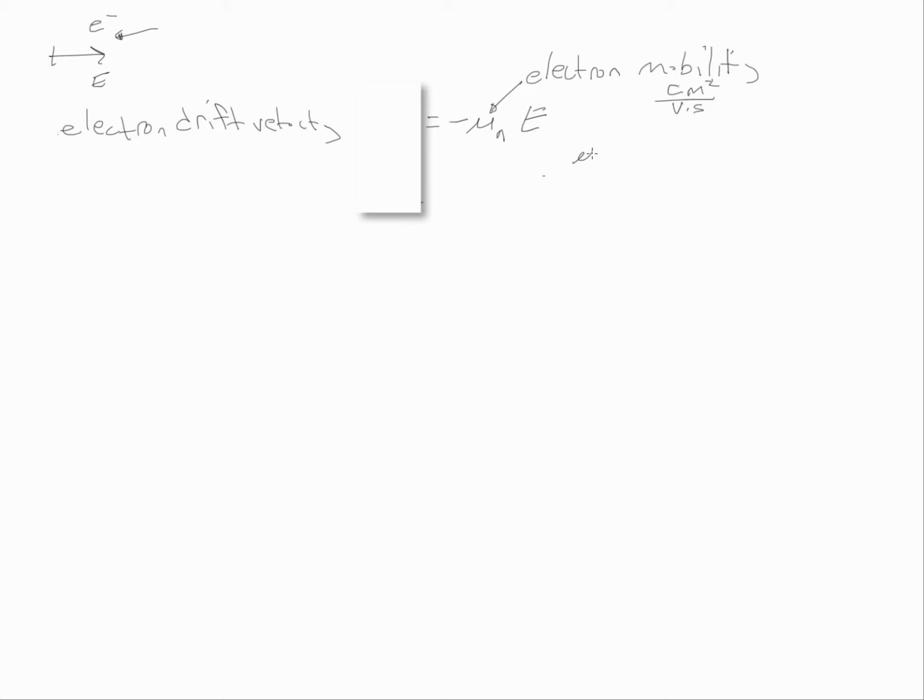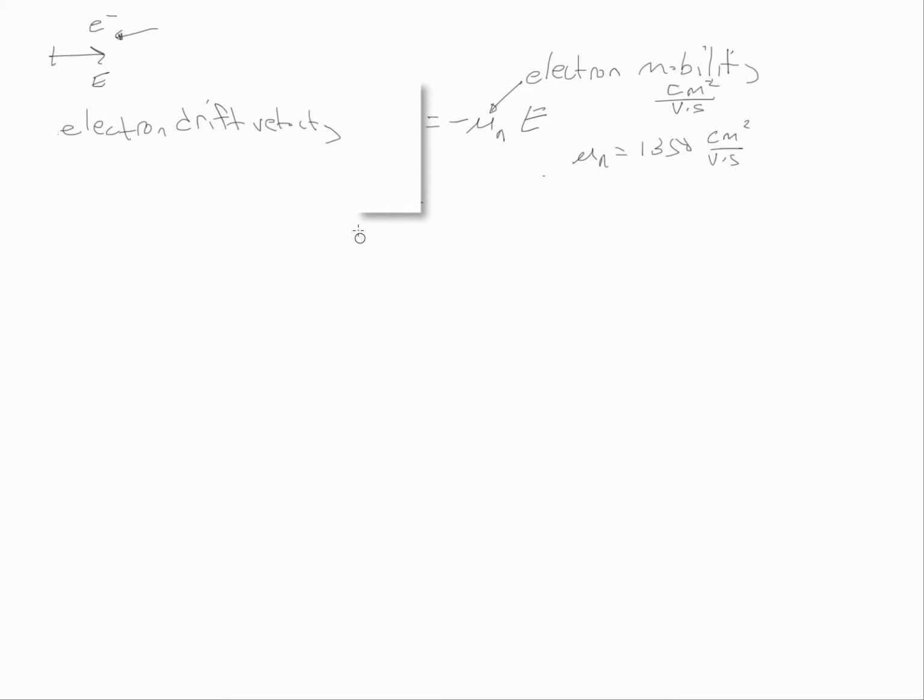And the electron mobility is around 1350 centimeters squared per volt second. And it is a measure of how well the electron can move around. Whoops, I did this totally bad.